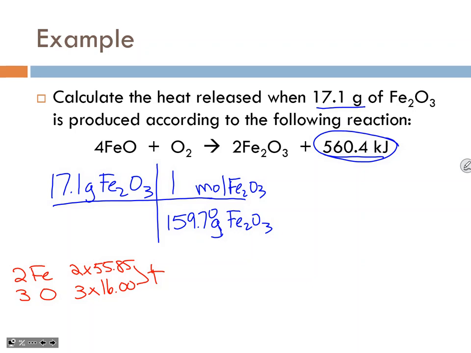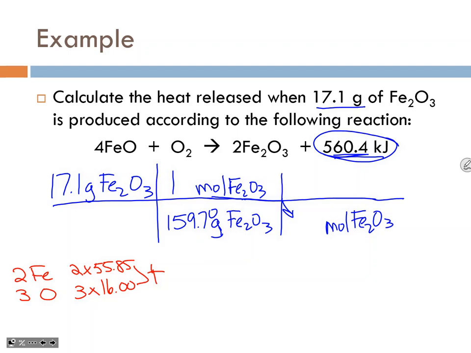Now, that part's not the hard part, changing it to moles. This is the part where people might get confused. Because what are we going to diagonal down? The moles of the Fe2O3 go down here. Now, this measurement, this delta H, once again, is in reference to the reaction running one time.